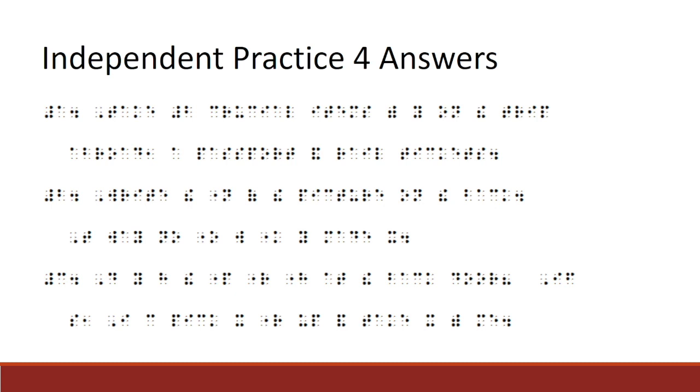Here are the answers to independent practice 4 in Braille font. I will read the sentences announcing the contractions that you should have used. Number 1, period. Take 2 crucial items with WITH sign, U, Y for you, on the THE sign, trip abroad, comma, a passport and AND sign, rail tickets, period. 2, period.